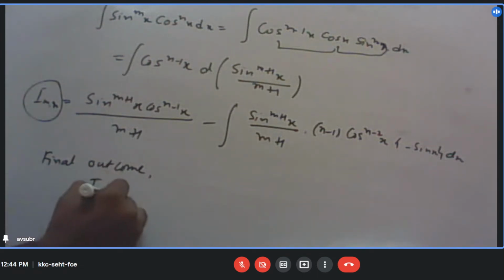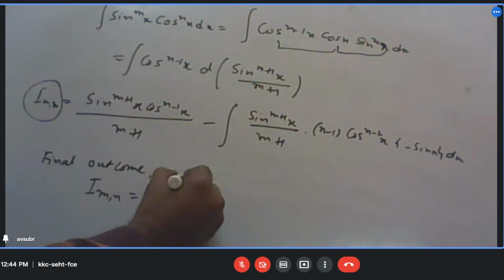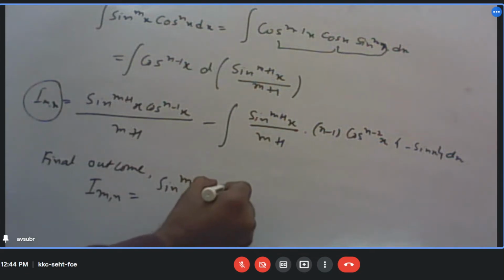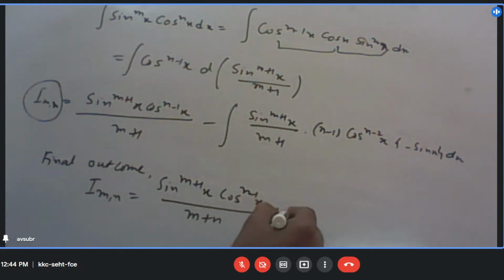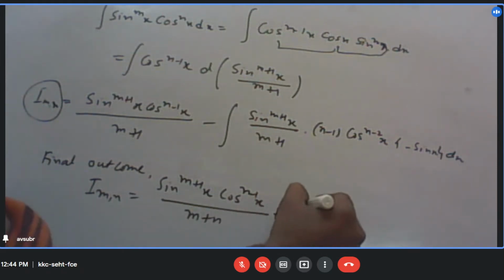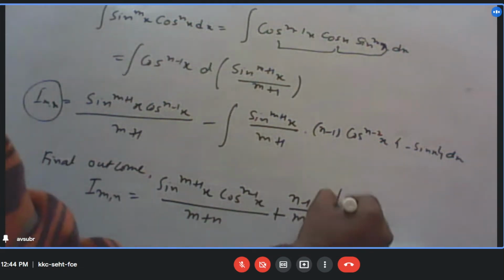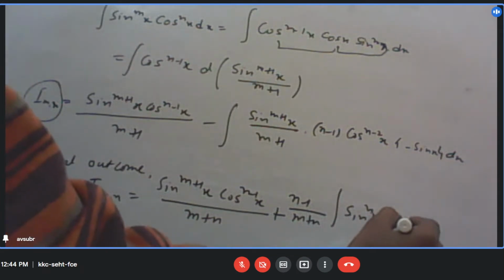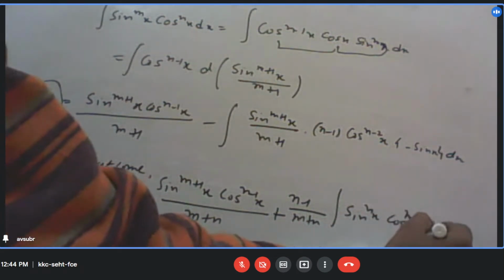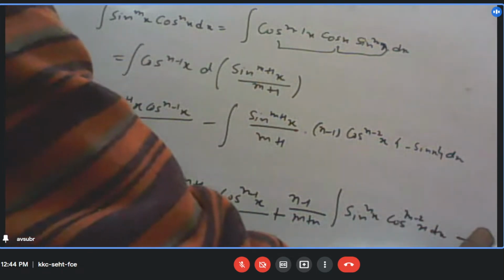That final outcome is equal to this one: sine to the power m plus 1 x cos to the power n minus 1 x by m plus n, plus n minus 1 by m plus n into sine to the power m x cos to the power n minus 2 x dx. This is another form.